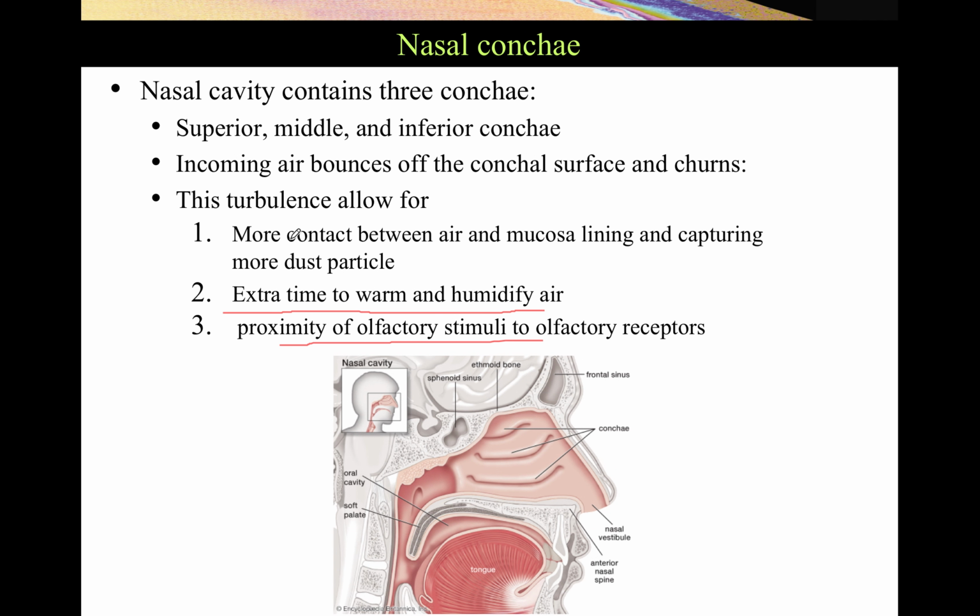So these three functions are essential to cleaning up the air, making sure that as it goes down, it has very limited debris and dust particles that can cause harm to your lungs.